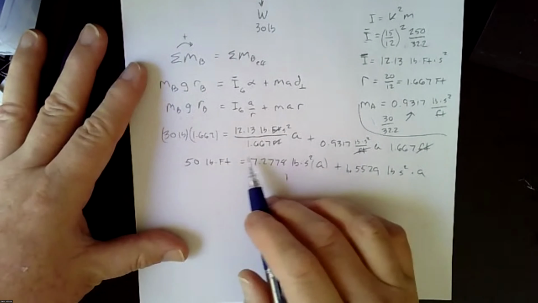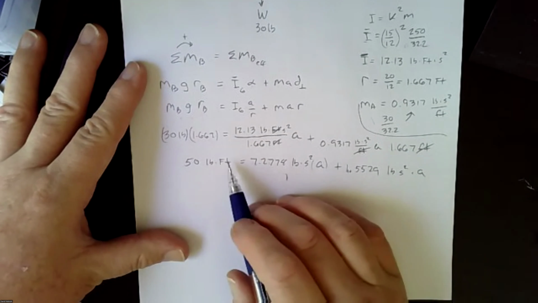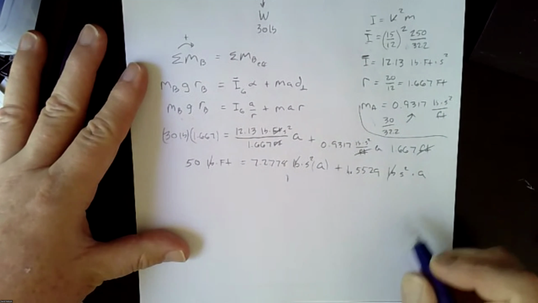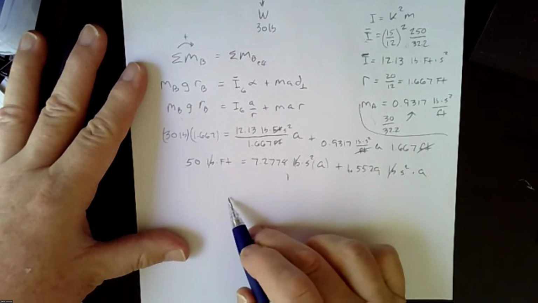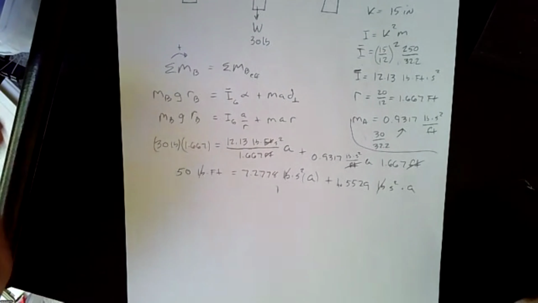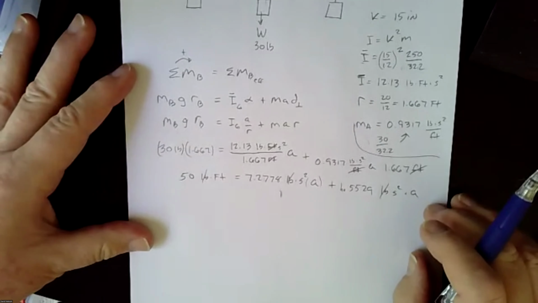So you can see that if I divide, the pounds all cancel, and my units end up feet per second squared. So it would have worked out fine, but every so often it's good to go back, because if the units don't work, then obviously there's a mistake somewhere.